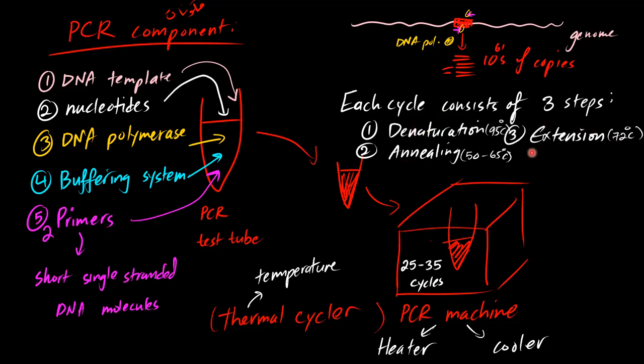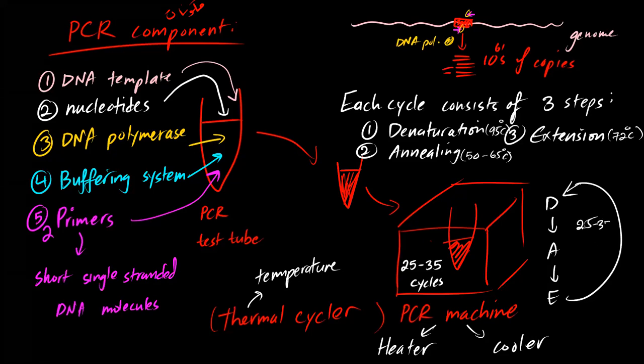So we have 3 major temperatures at 3 different steps, and these steps are repeated between 25 to 35 times. Denaturation, annealing, extension, and then back to denaturation.